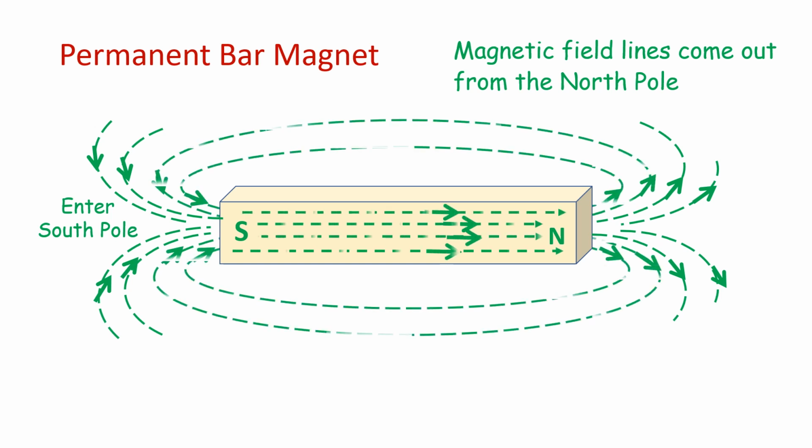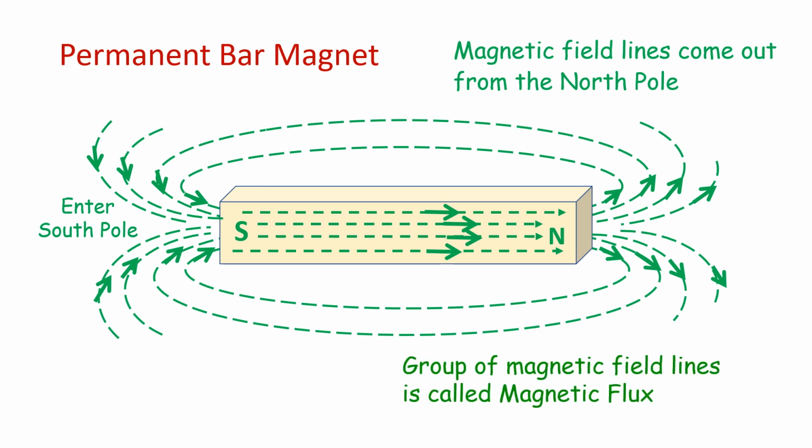You can see some more magnetic field lines coming out from the north pole, going round and entering the south pole in the form of closed lines. Group of magnetic field lines around this magnet is called the magnetic flux. The flux axis along the magnet is towards right.